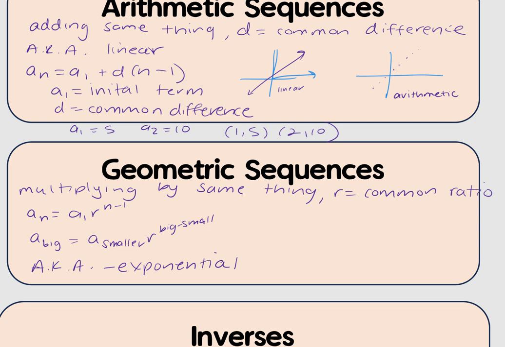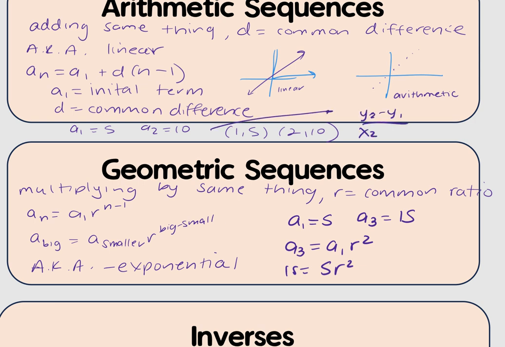So in this case, if I had a1 was 5 and a3 was 15, let's just make something up, then I would do a3 equals a1 r squared. So I'd get 15 equals 5 times r to the second. And then I would divide by 5 and then I would square root it. Which is here I would do y2 minus y1 over x2 minus x1.